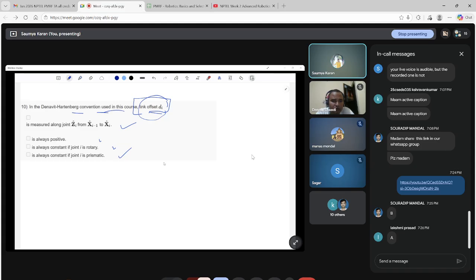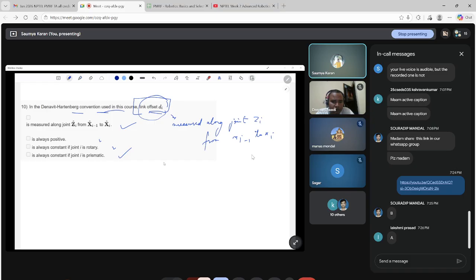What is exactly di? It is measured along joint zi from xi minus 1 to xi.